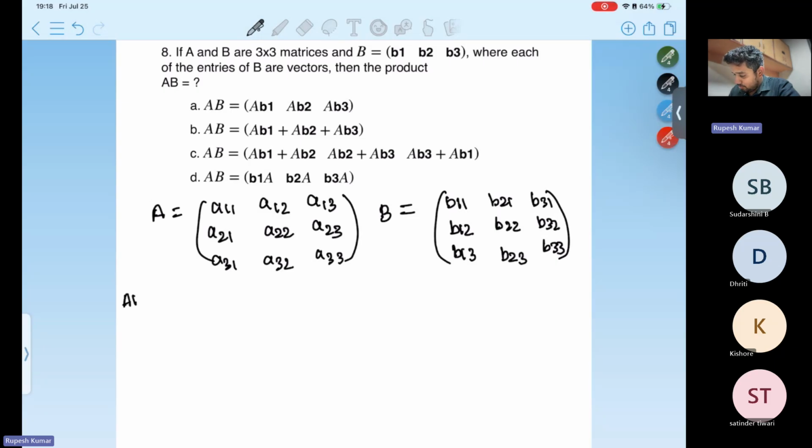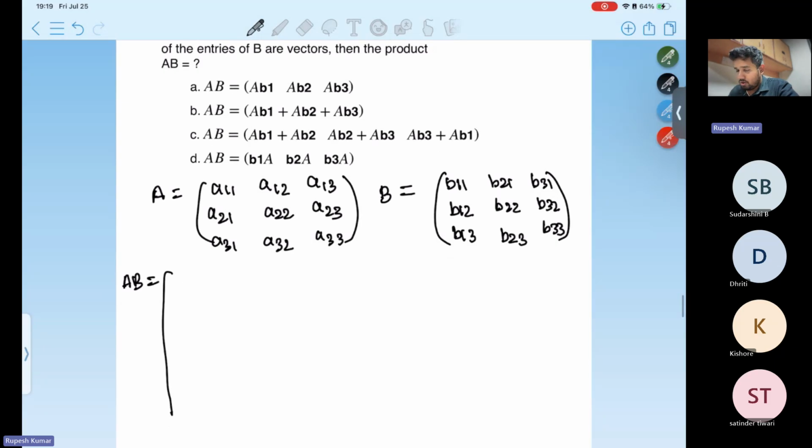So let me quickly write these multiplication operations. You all know this, right? Let me quickly define this and factorize this for you so that you can see the proof.